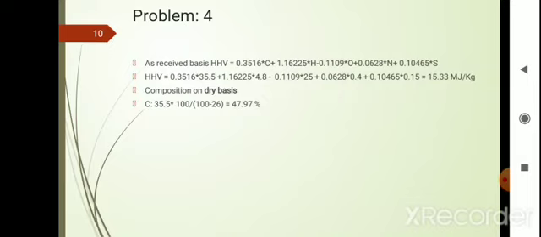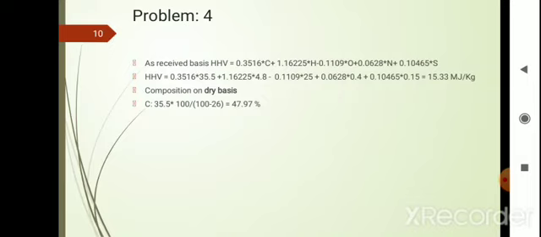For example, if you take carbon on dry basis, it will be 35.5 into 100 divided by 100 minus 26, because the initial percentage of moisture is 26. So when we are removing the moisture, this will become 100 minus 26. So our new percentage of carbon will increase to 47.97 percent. So that is very, very important.